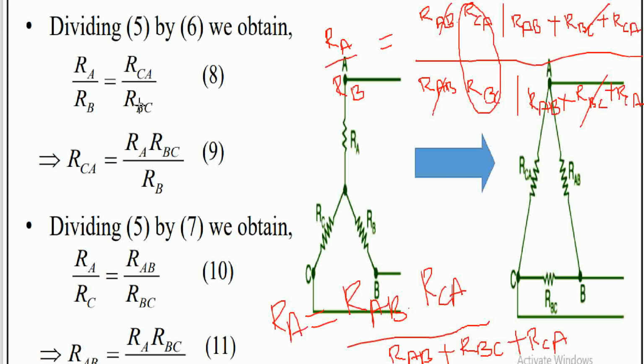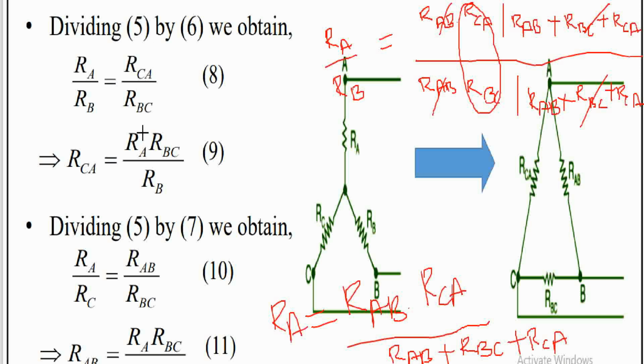From this eighth equation, RA by RB equal to RCA by RBC. Among these, RCA is the repeated term. So from RA, RCA is the repeated term. Try to get an equation in terms of the repeated one. Why do we have to get it in terms of the repeated one?